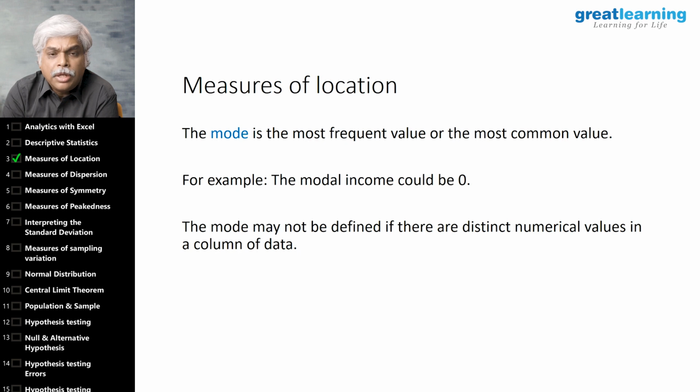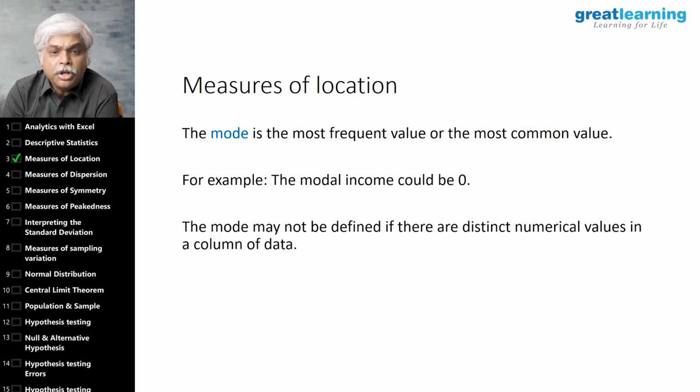The value that occurs most frequently in the distribution or in the data. For instance, the modal income could be 0. What that means is more people have 0 income, in other words, do not have an income, perhaps unemployed, than they have any other specific number.